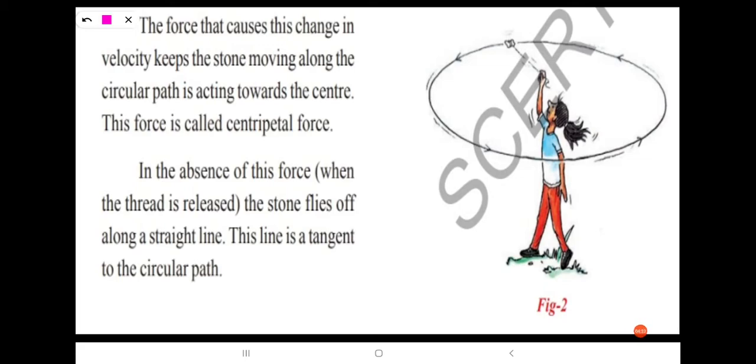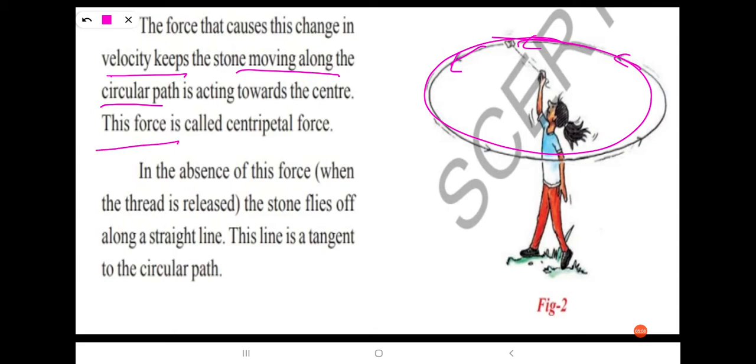The external force that causes this change in velocity and keeps the stone moving along the circular path is acting towards the center.